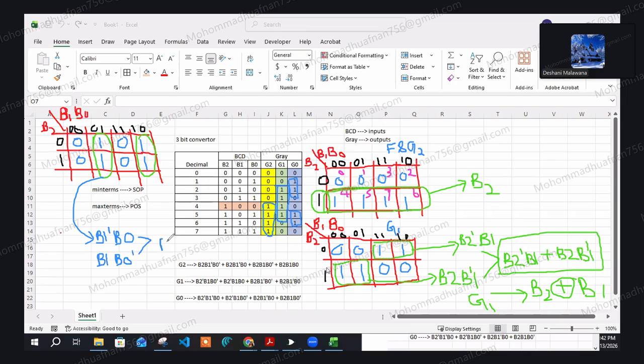So we can just directly get it as B1 XOR B0. Yeah, definitely. Thank you for your answers. Okay, that's the correct answer.